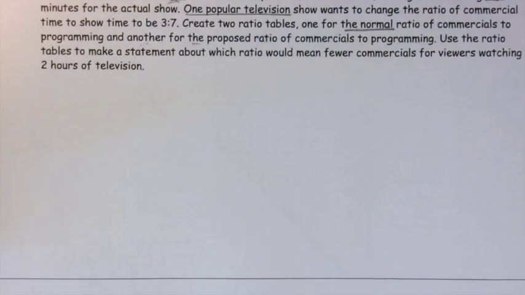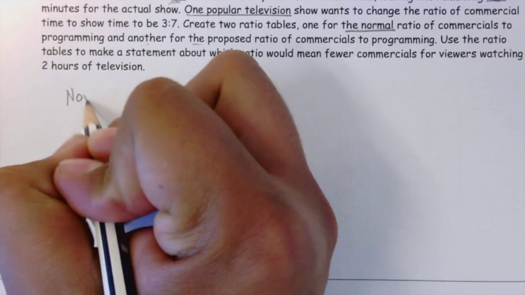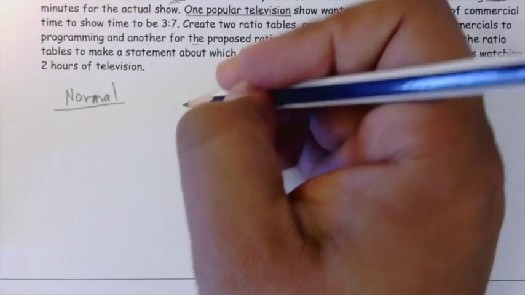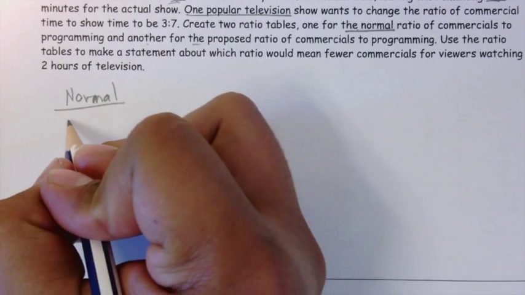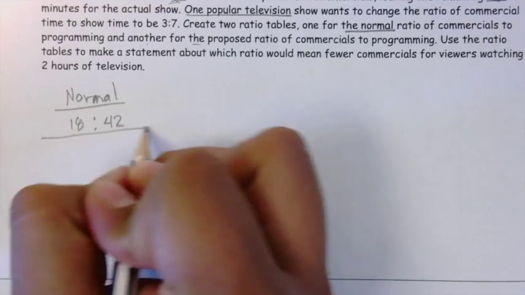We have two different types of discussions we're talking about here. First off, most television shows would be the normal one. Let's go ahead and write normal. You're going to put 18 to 42.